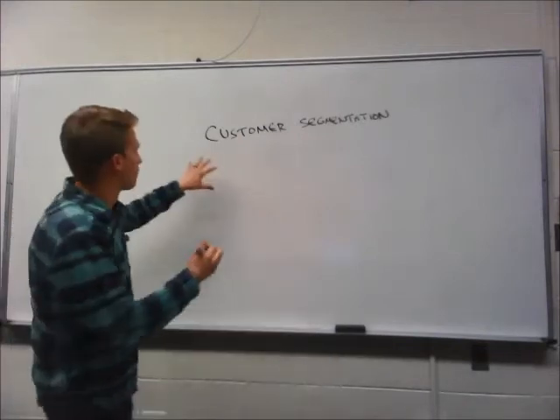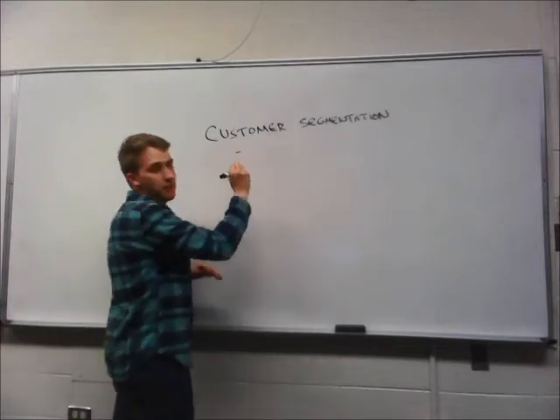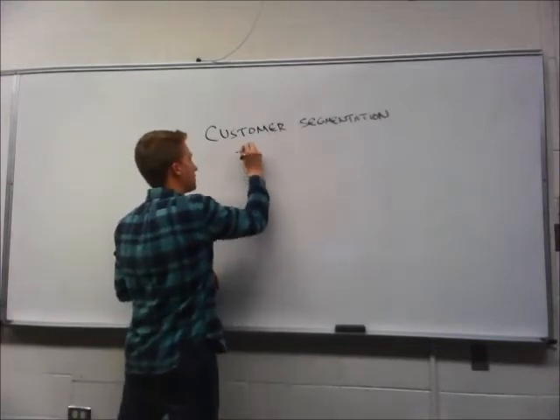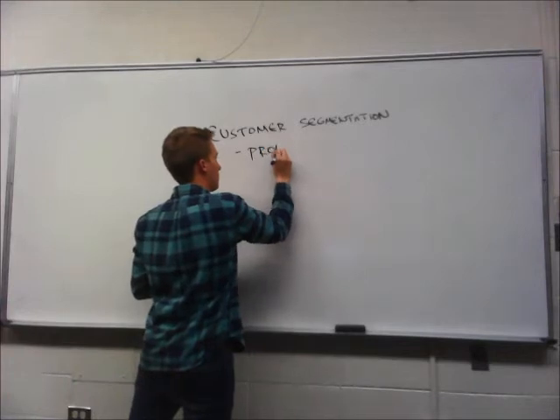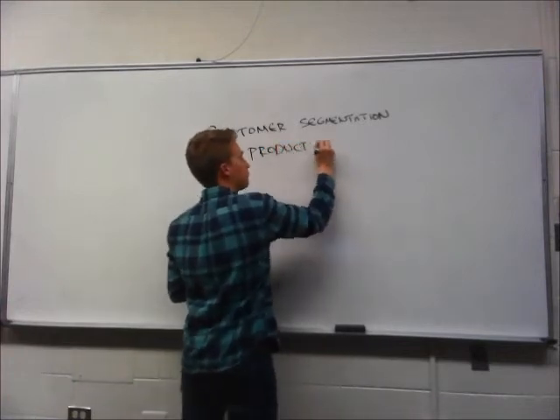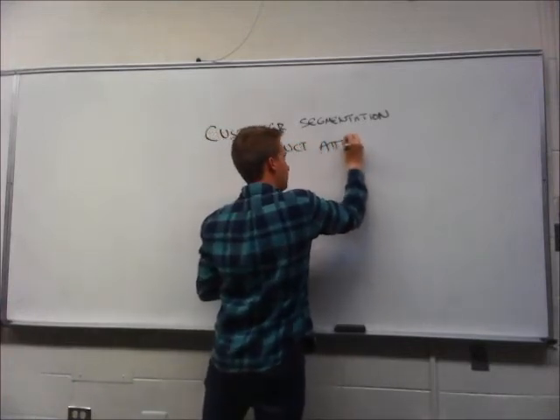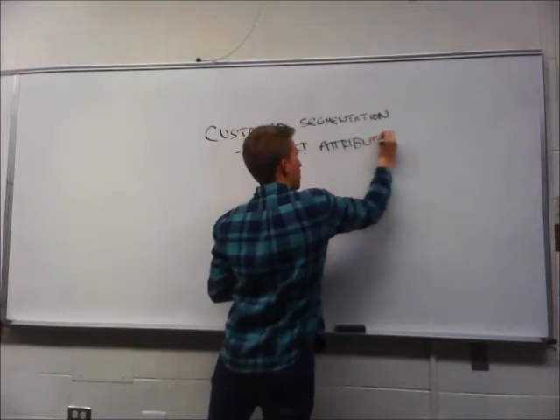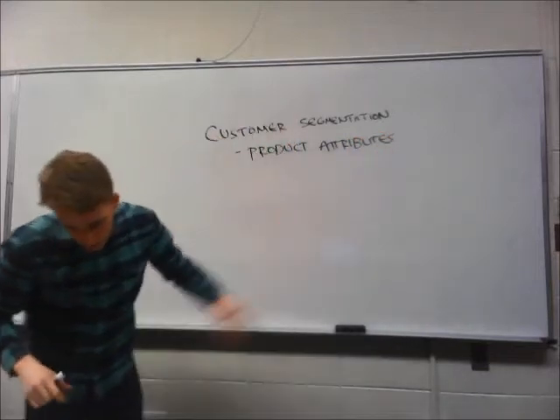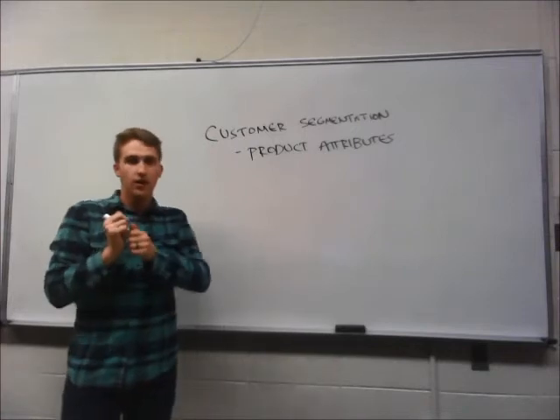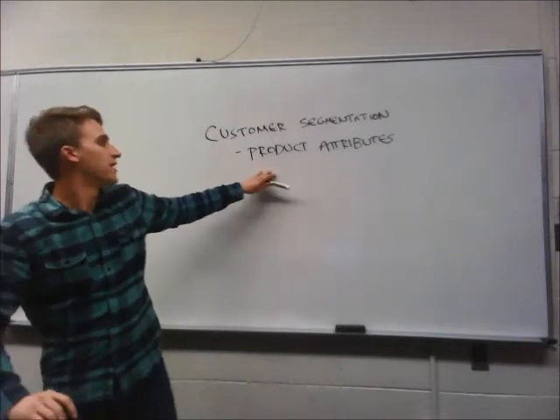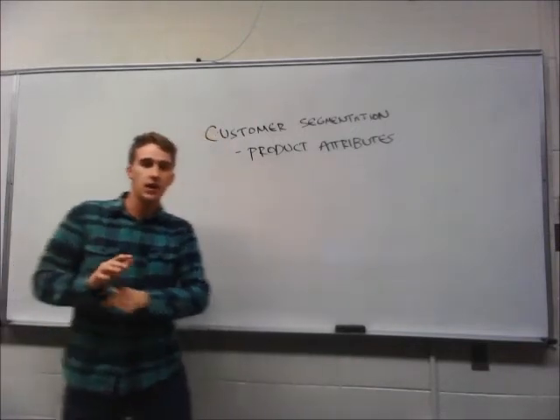So the first way you can segment your customers is based on product attributes. In doing this, you would segment your customers based on what they want in a product.